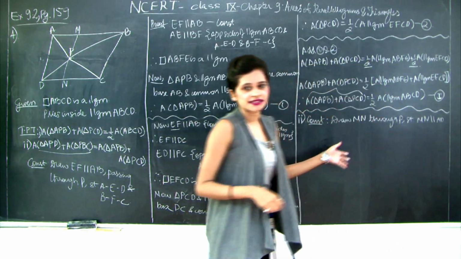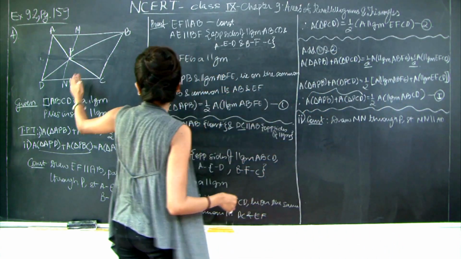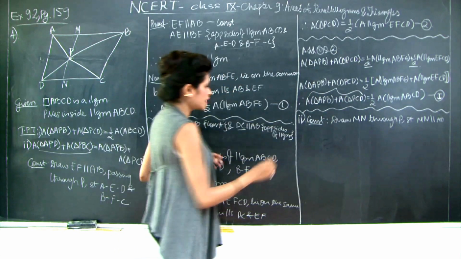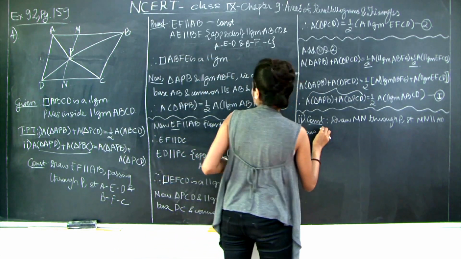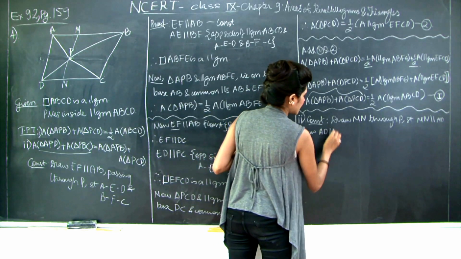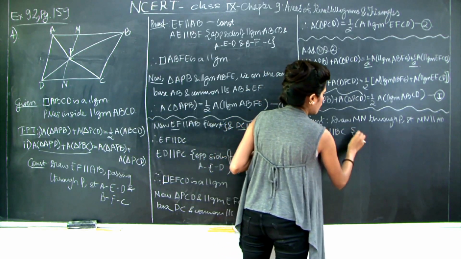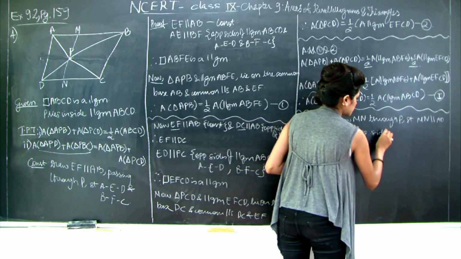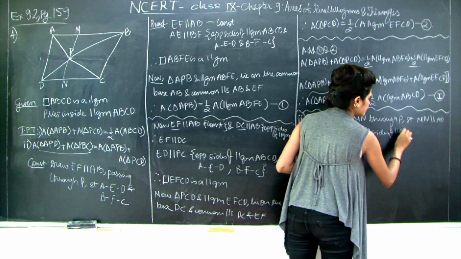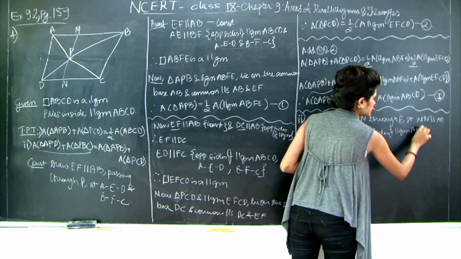Okay, so here itself we will prove that MN is parallel to AD as well as BC. Now AD is parallel to BC. Why? Opposite sides of parallelogram ABCD.